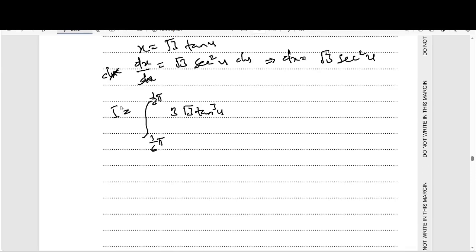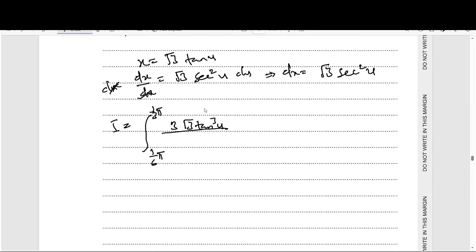So now our question becomes, I now becomes the integral from 1/6 pi to 1/3 pi of, now that the numerator becomes 3 root 3 tan cube u, as we found at the top over there, all divided by the expression for the denominator.